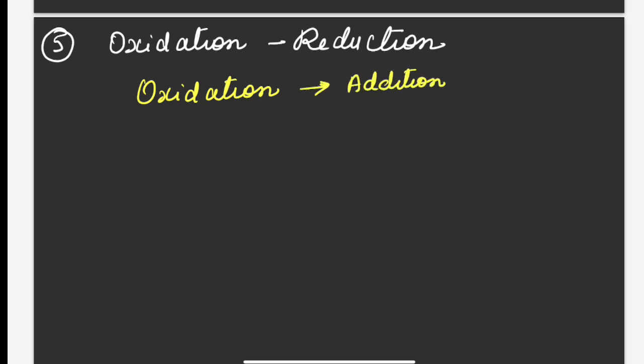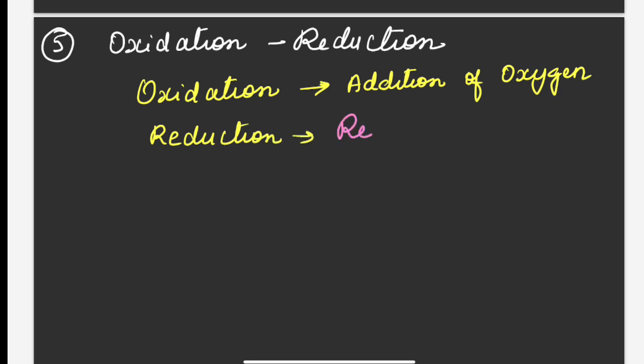For oxidation and reduction, usually we have 3 to 4 definitions, but here we are going to learn only one definition. Oxidation means addition of oxygen, whereas reduction means removal of oxygen.